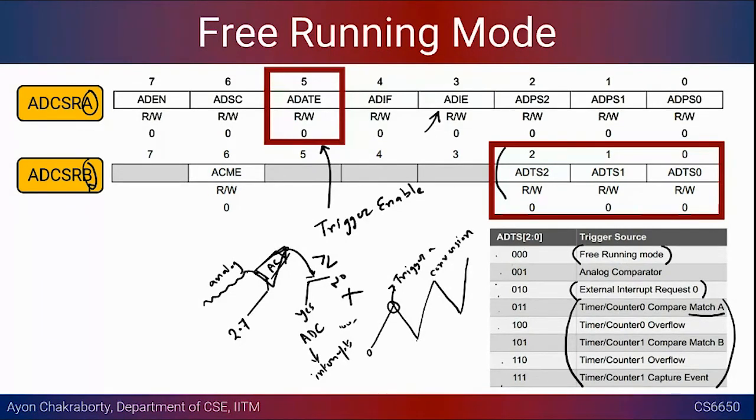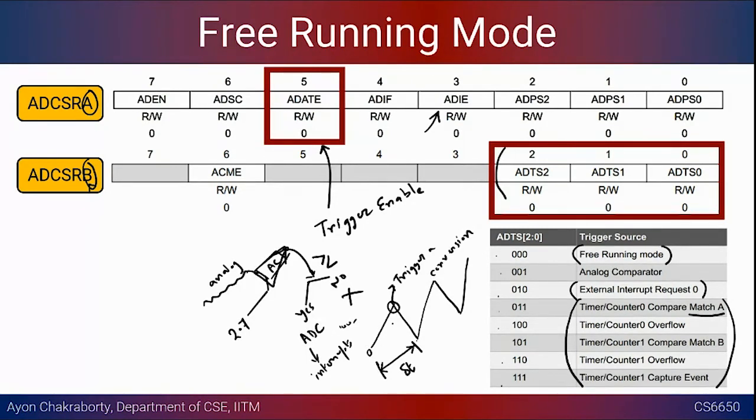Okay, and how you can control the time in the timer, you can pre-program what is the rate of counting. If you know the rate of counting, you can know how long it will take to count from 0 to 100, because you know at what frequency that particular counter is operating. So you can figure out the time delta t, and every delta t it is going to trigger a conversion.